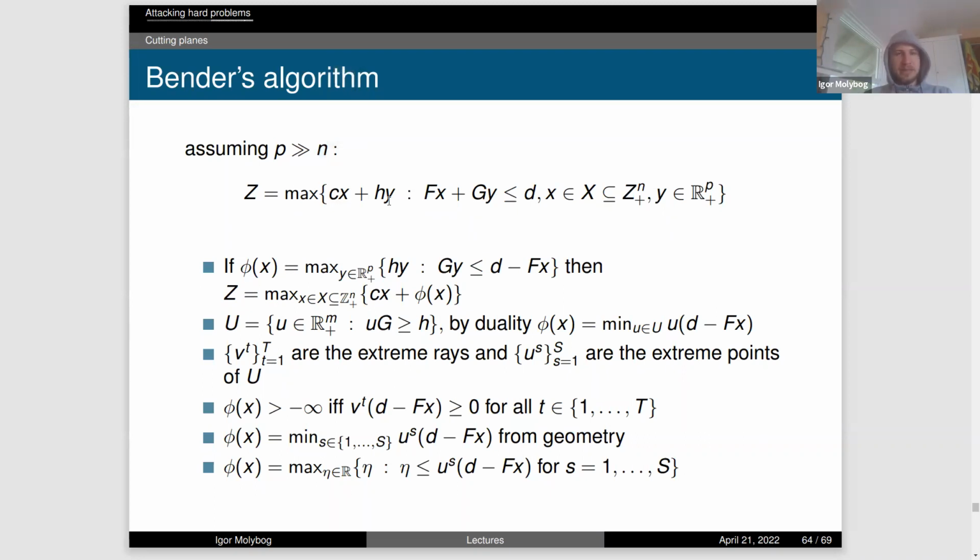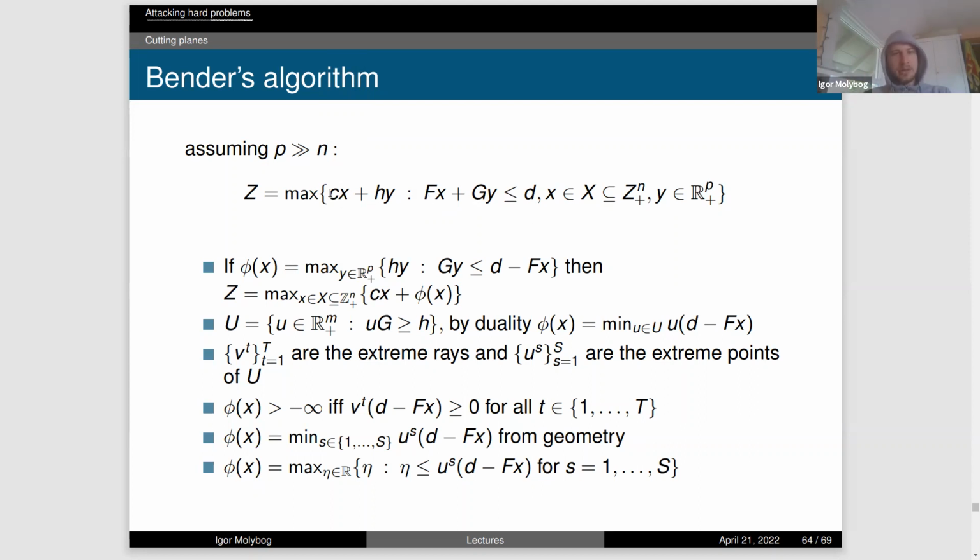This is precisely the situation in which Benders' algorithm performs best, and it's quite a common thing to observe in applications of mixed integer programming problems.